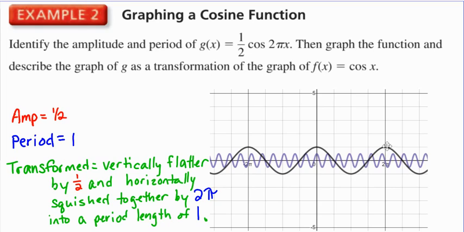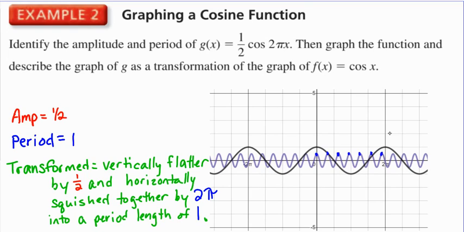And if we compare that to the parent function of cosine, this black line is the parent function of cosine, you can actually see even more clearly that for our period, we're starting here. So from here to here is 1, 2, down up 3, down up 4, down up 5, down up 6, and a little bit more.